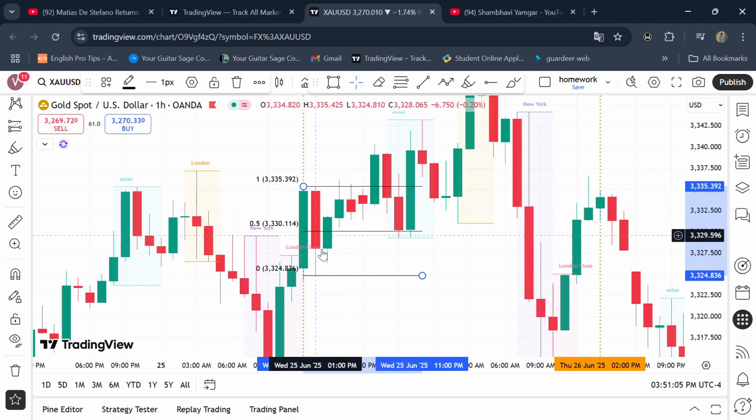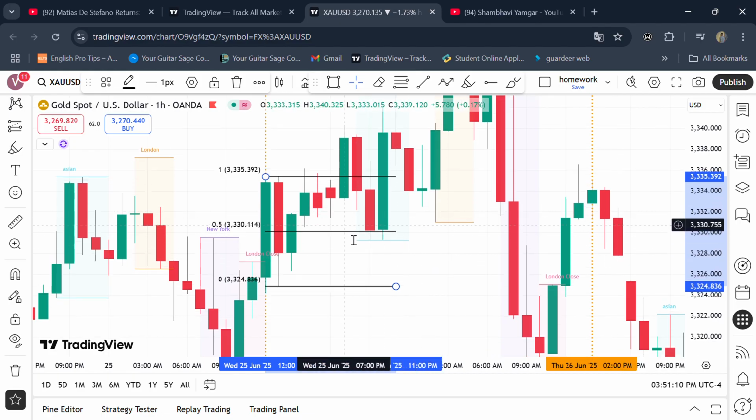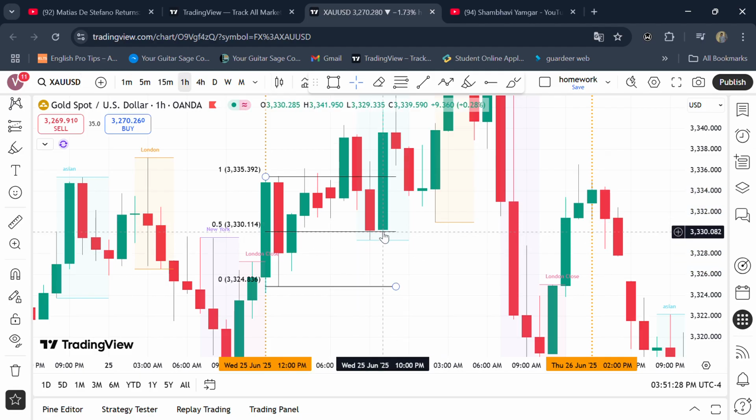Now that we have marked the equilibrium, you will see in the Asian session the equilibrium of this order block was reached, and then there was a rejection from that equilibrium. Both of these 1 hour candles failed at closing below the equilibrium. That means price was supporting this order block and wanted to go up.